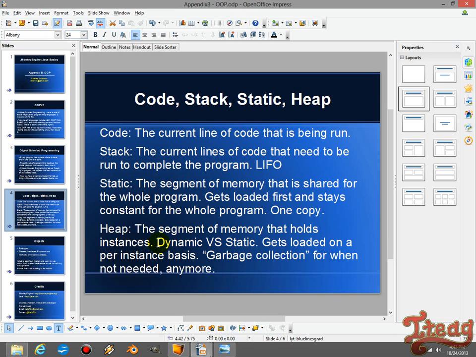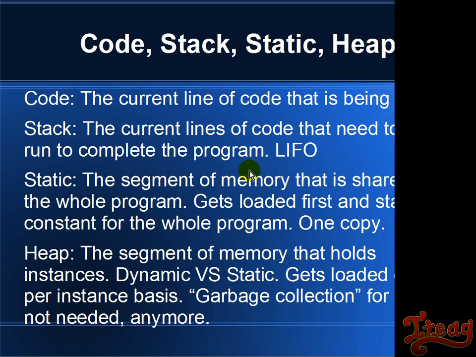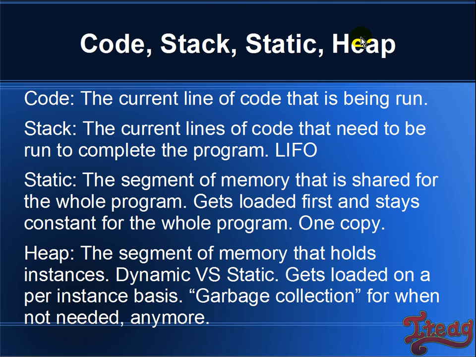And so this is dynamic memory versus the static concept right here. It gets loaded on a per instance basis, and when it's not being used anymore, then garbage collection happens. Memory's freed up. So that's that whole idea behind code, static, stack, and heap.